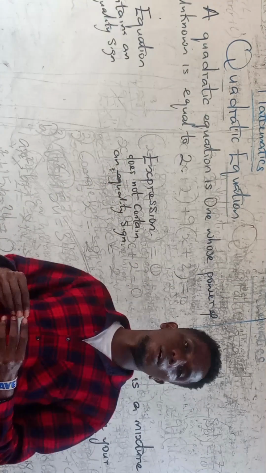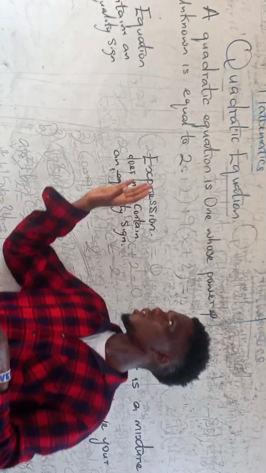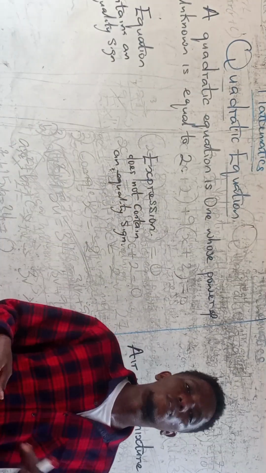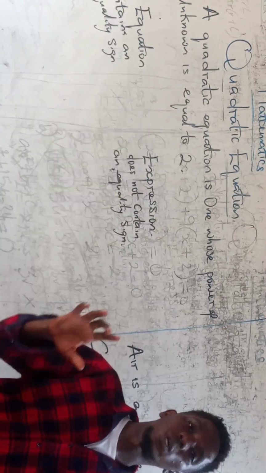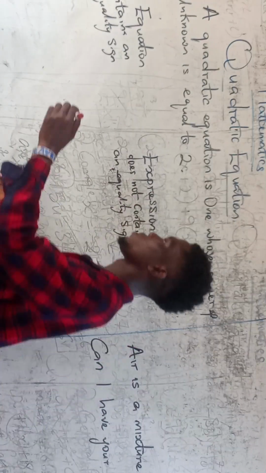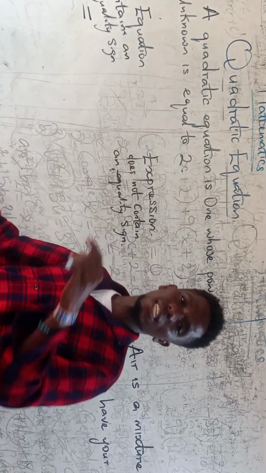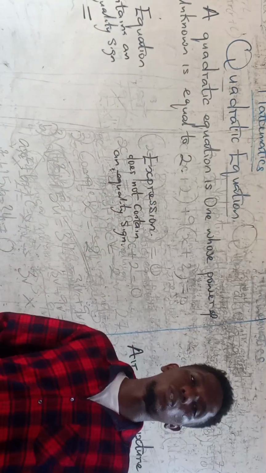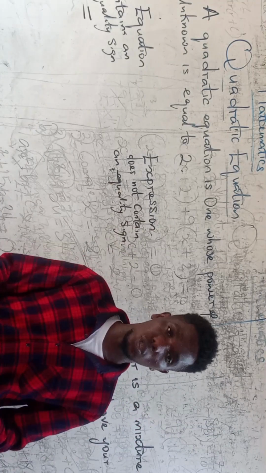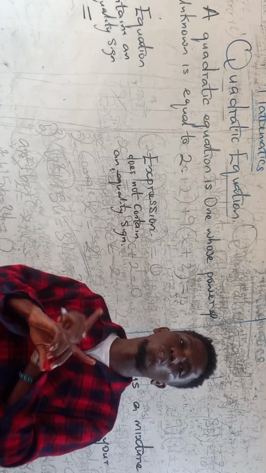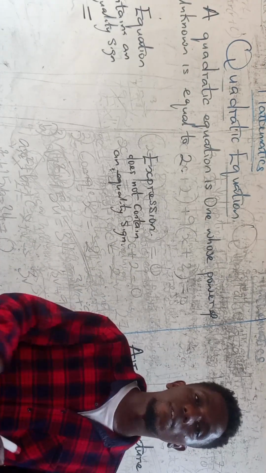So to break it down so we can easily understand this, an equation within itself contains an equality sign. So whenever you see this equal to in any expression, such expression is now an equation. But an expression does not have an equality sign. So let me give an example.